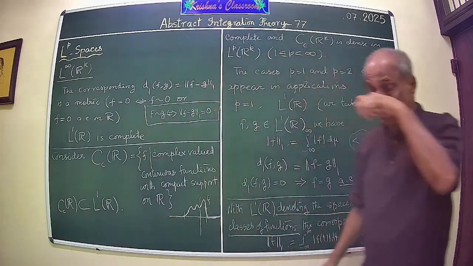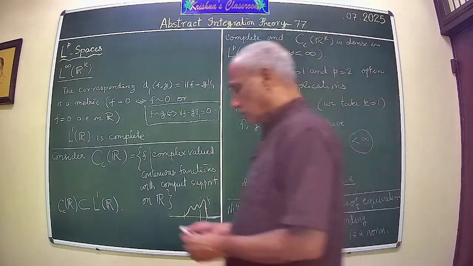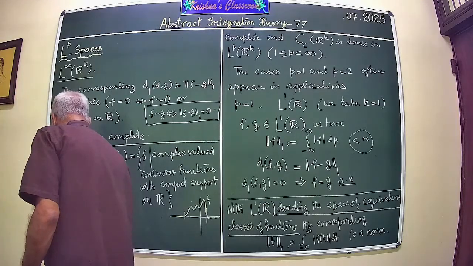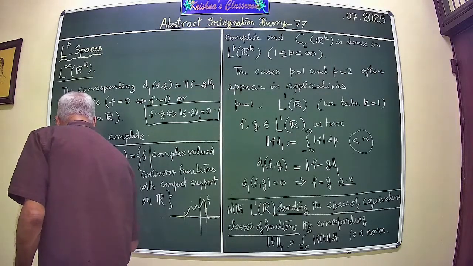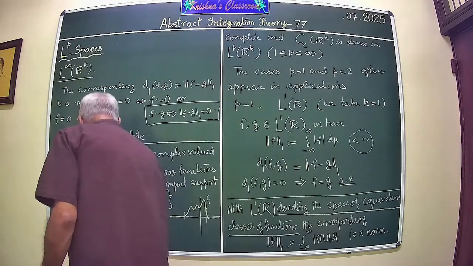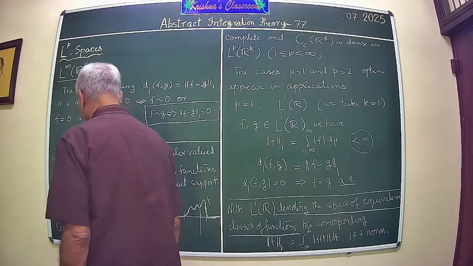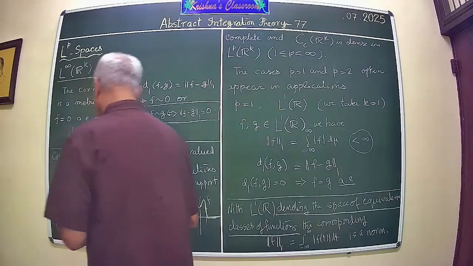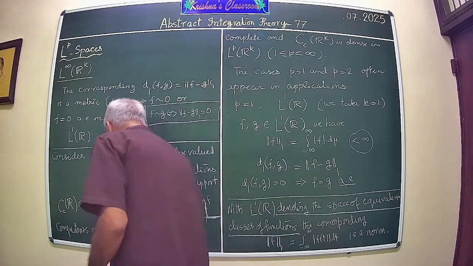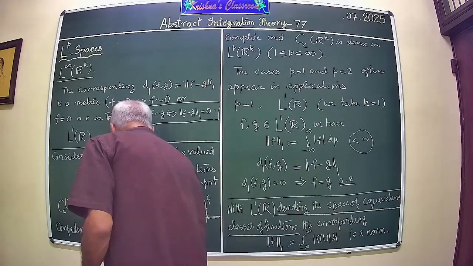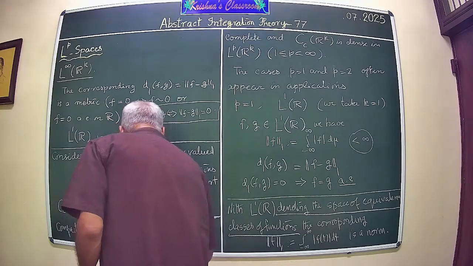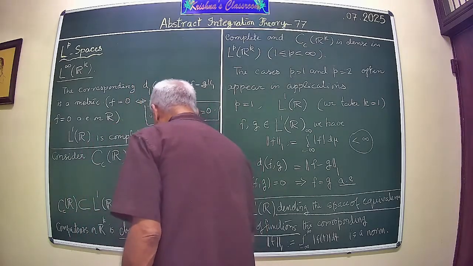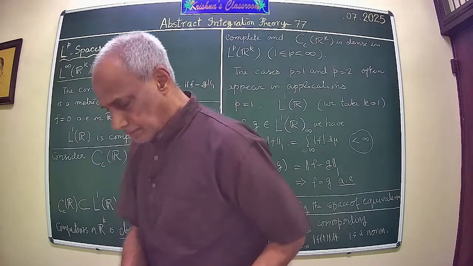Now you know that on R or R^k even, compactness is closedness and boundedness.